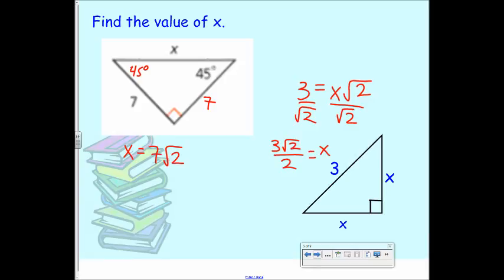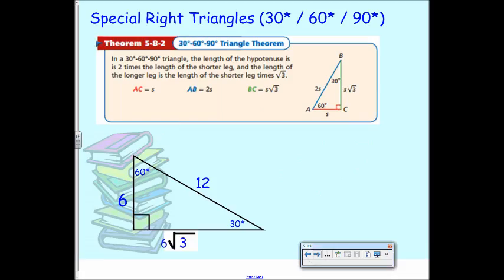Okay, 30, 60, 90 is the other special right triangle that we're going to talk about. In a 30, 60, 90 triangle, the relationship is the short side is s, the hypotenuse is double that, and this longer leg is s radical 3.